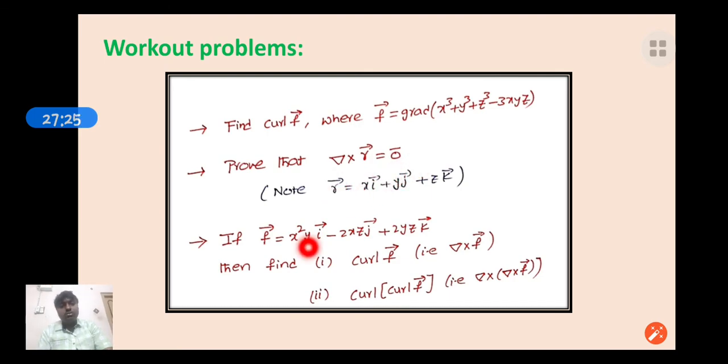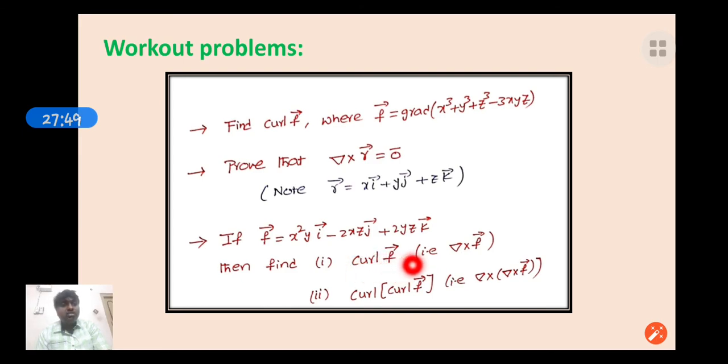Next, you can go through the next example. F bar is equal to x square y i bar minus 2xz j bar plus 2yz k bar. For that one, you have to calculate curl f bar. After calculating the curl, the resultant must be a vector. For that vector, you have to find the curl one more time.